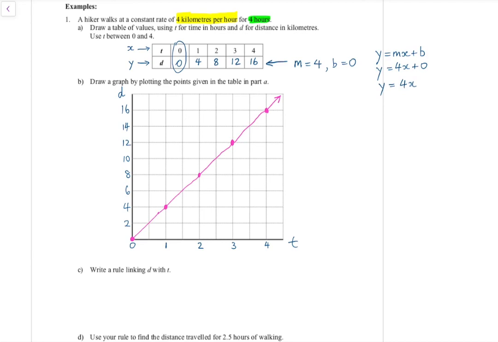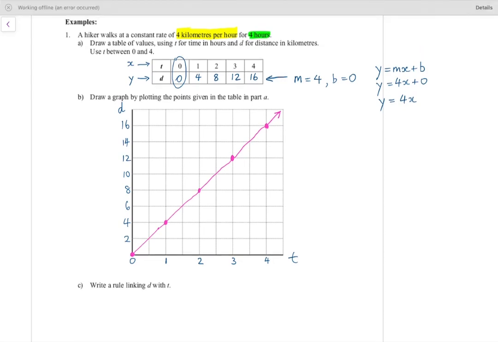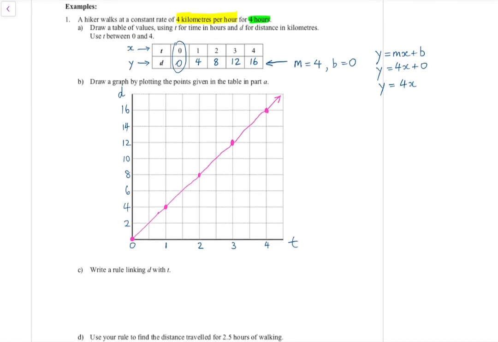So if I want to link a rule with d and t, remember y has been replaced with d and x has been replaced with t. My rule is d equals 4t from this section here.